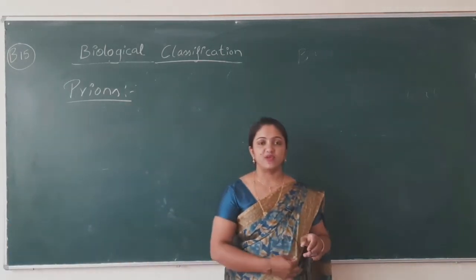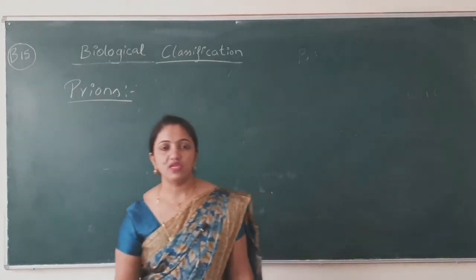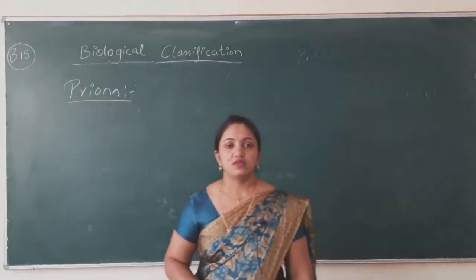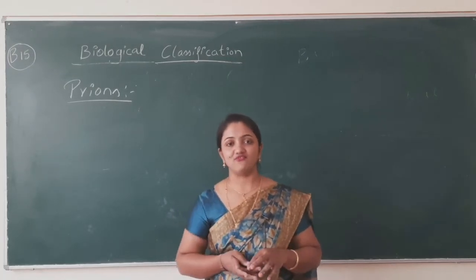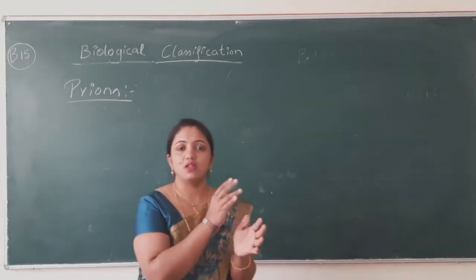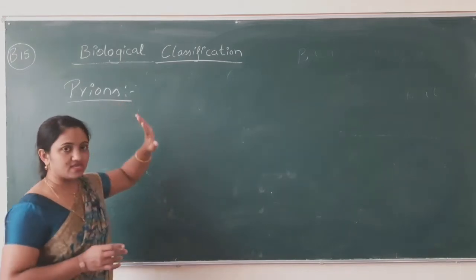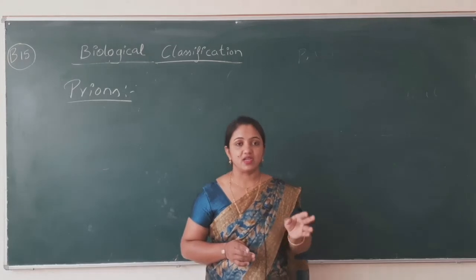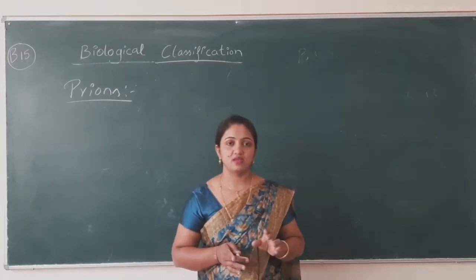The name of this microorganism is prions. A newly invented medicinal field. Some scientists discovered some protein-like structure. Protein-like structure it is. It doesn't have any genetic material, any RNA or DNA.